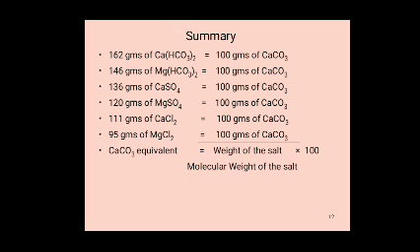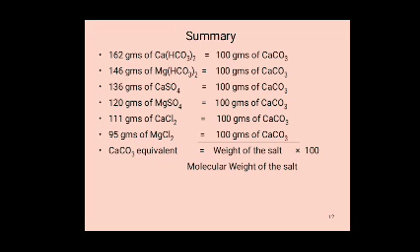162 grams calcium bicarbonate, 146 grams magnesium bicarbonate, 136 grams of calcium sulfate, 120 grams of magnesium sulfate, 111 grams of calcium chloride, 95 grams of magnesium chloride is equal to 100 grams of calcium carbonate.